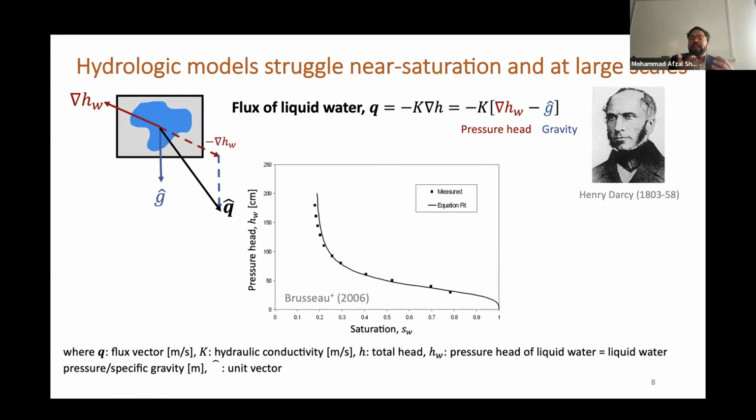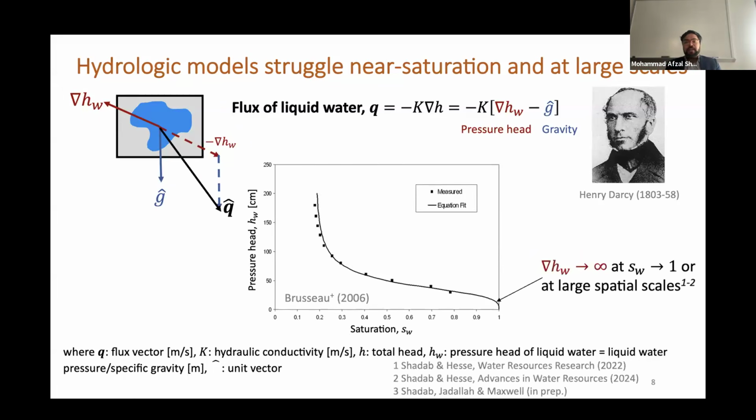If you plot the pressure head in an unsaturated medium, it depends on the difference of pressures between liquid water and air, and we call that capillary pressure. Here is a standard capillary pressure curve, pressure head as a function of saturation. In hydrologic models, this capillary pressure curve causes a lot of problems, especially close to complete saturation, where saturation is going to go to 1.